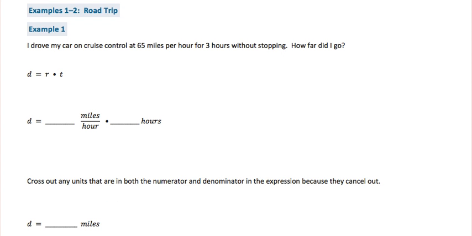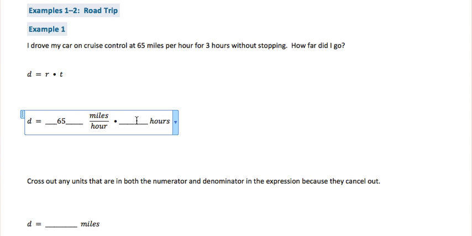Finally, our examples for a road trip are looking at a rate of speed and assuming that that rate of speed can be maintained. I drove my car in cruise control at 65 miles per hour for 3 hours without stopping. How far did I go? Again, the distance formula. Distance is equal to rate times time. So our rate is 65 miles an hour, and we were traveling for 3 hours without stopping.